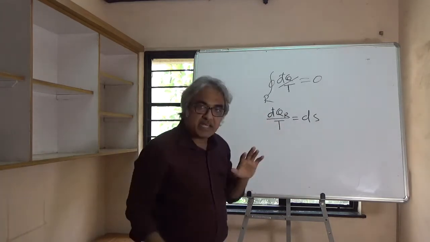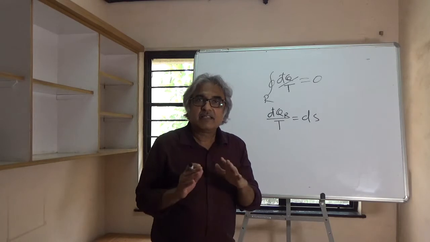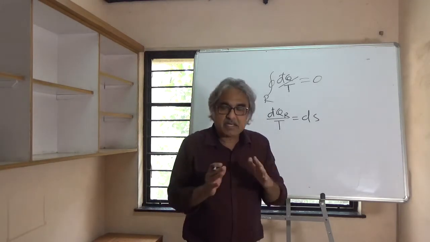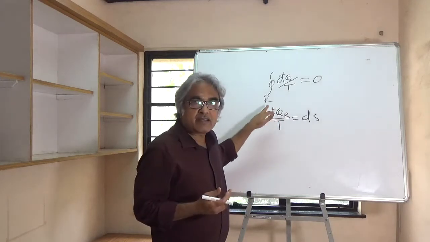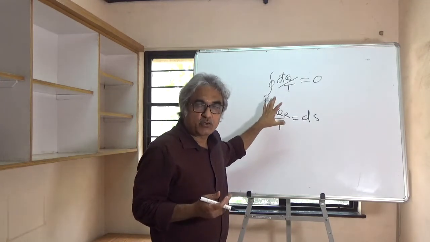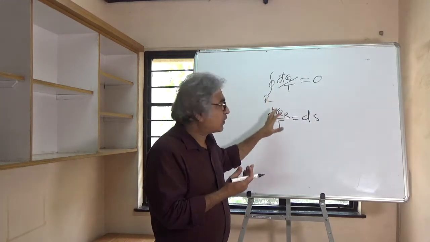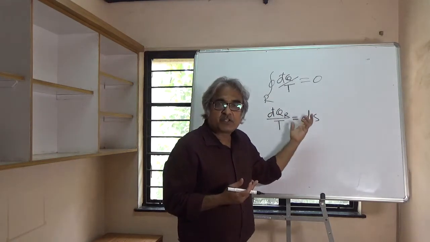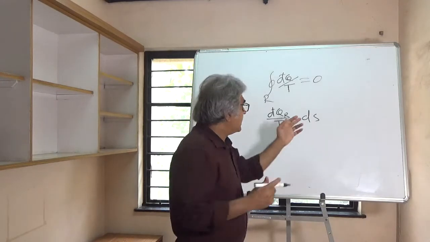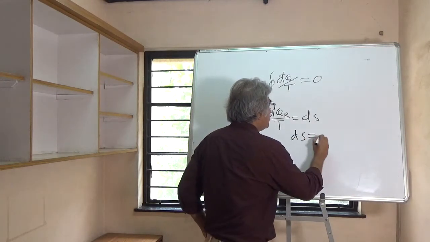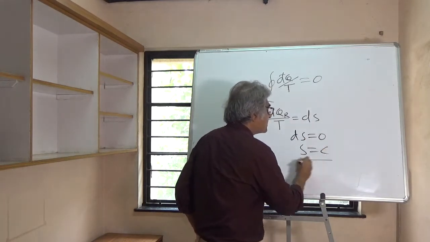Now suppose in a process which is reversible, there is no heat transfer. Okay, a process is taking place, there is no heat transfer. That means dQ is 0. Obviously dS is 0. So what does it mean? That means there is no change in entropy, right? dS being 0 means S is constant.